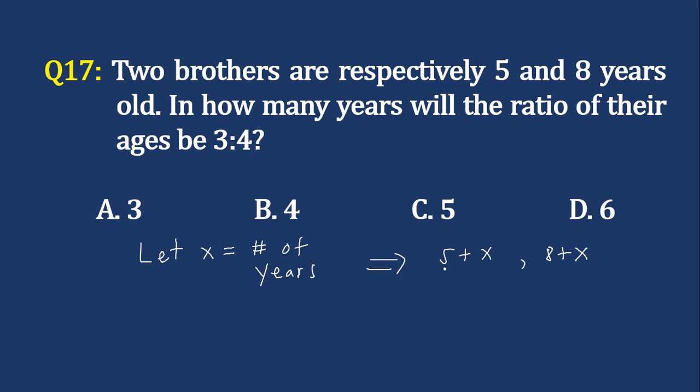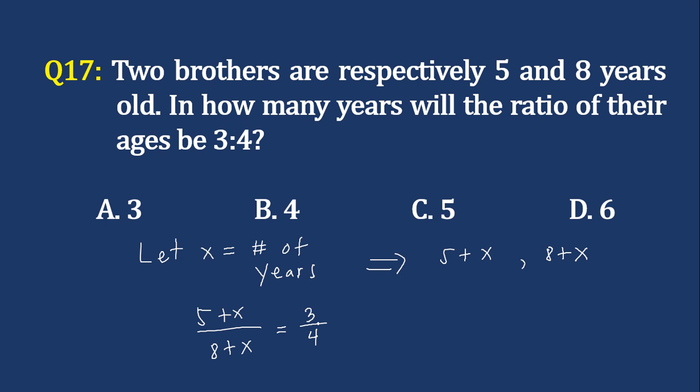So if you divide 5 plus x by 8 plus x, the result is 3 is to 4 or 3 over 4. Now, do not reverse the position because there's actually a clue in the given ratio. The first number is smaller, right? So 3 is smaller than 4. So it follows that you must divide 5 plus x by 8 plus x and not the other way around.